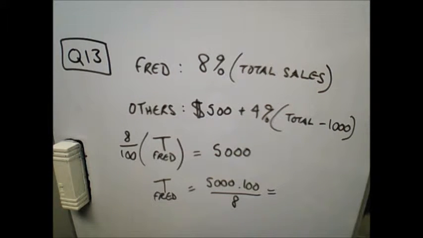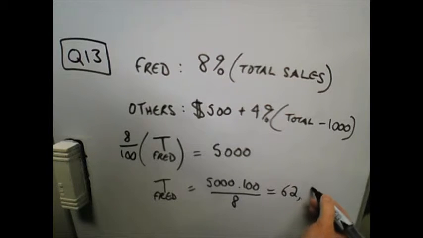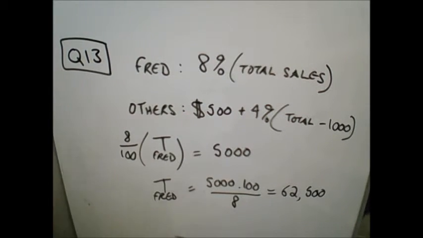The working comes down to 62,500. Thank you, Tim. So if you need to calculate that on paper, go ahead, pause the video, do some scratch work. Okay, now this 62,500 represents Fred's total sales so that he could earn a $5,000 wage packet.